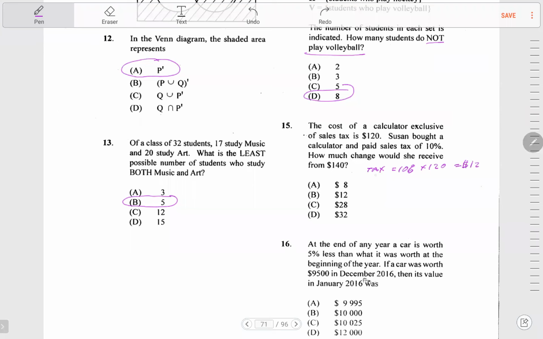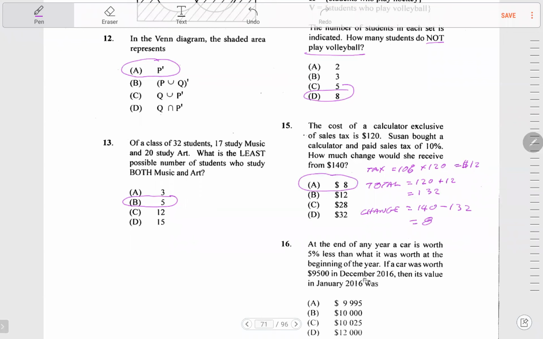And therefore, the total that she has to pay is the $120 plus $12, which is $132. And therefore, if she pays $140, then our change would be $140 minus $132 that she has to pay. That's $8 change she will get.